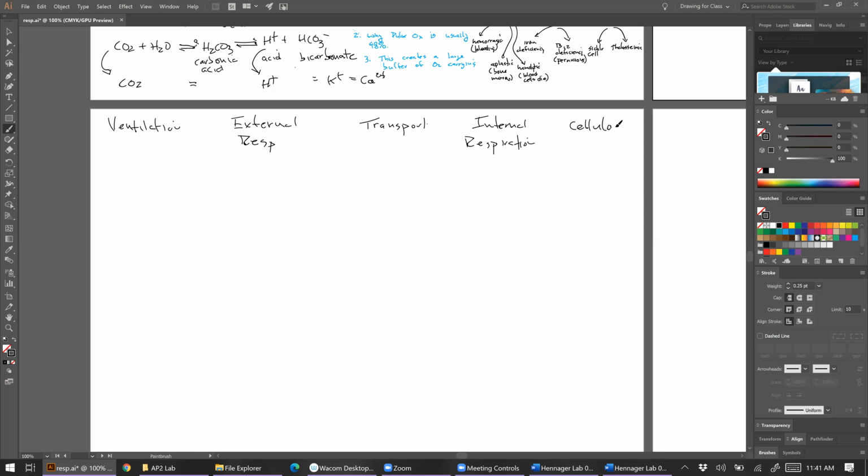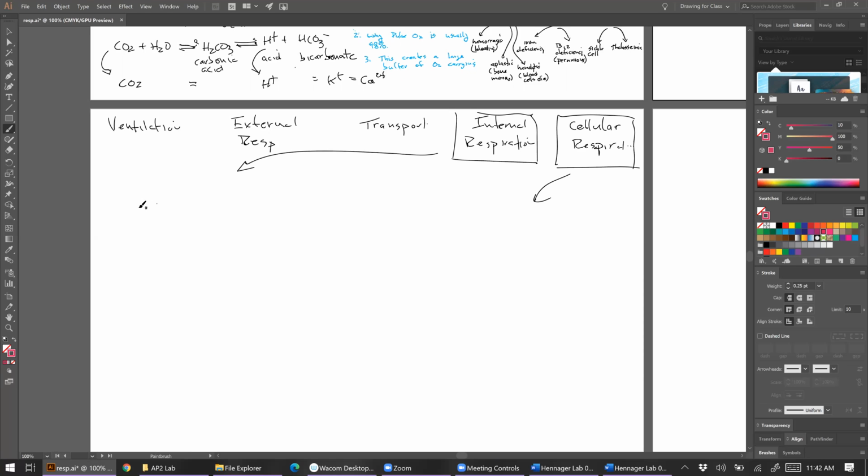And these are smaller, so we can do these both on one page. I probably draw this out more than I have to, but I've just seen that students get this confused.